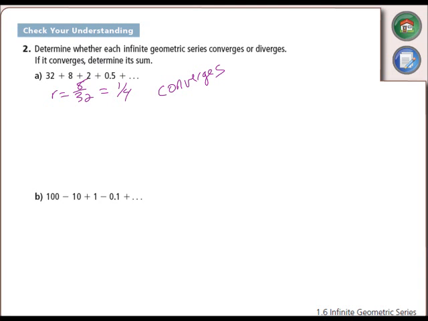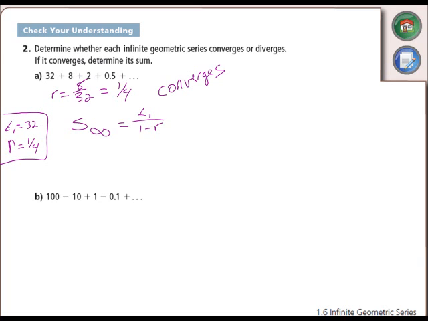So then S sub infinity equals T1 over 1 minus R. And again, formula based, so that means T1 is equal to 32, R is equal to 1/4. Those are the only 2 things we need to know for this one.